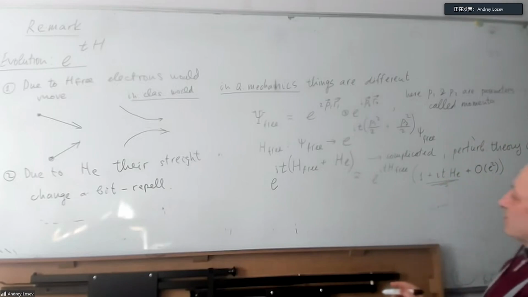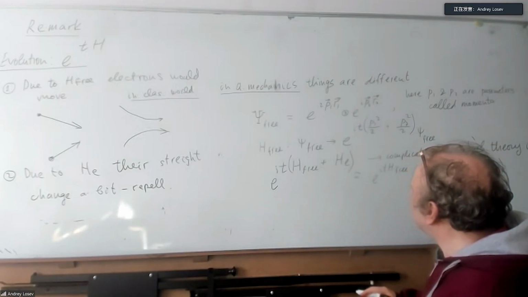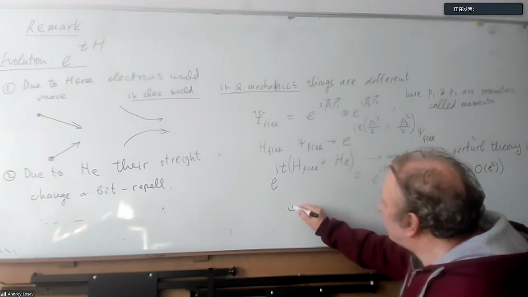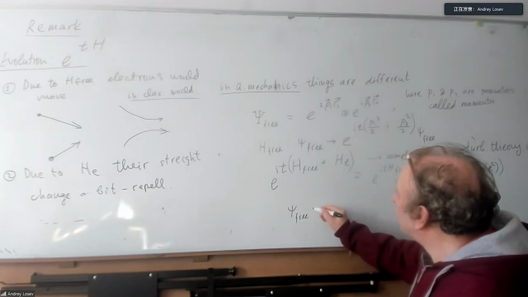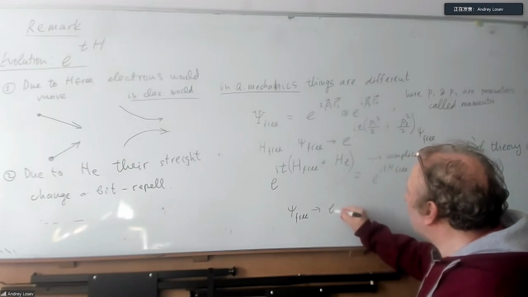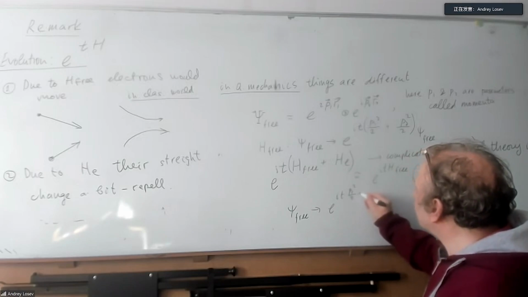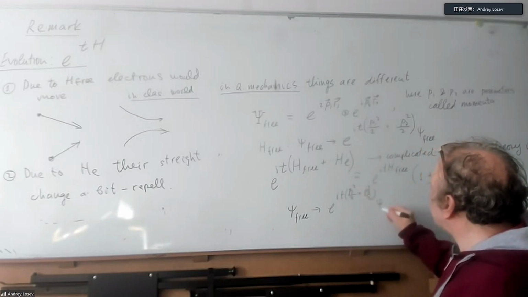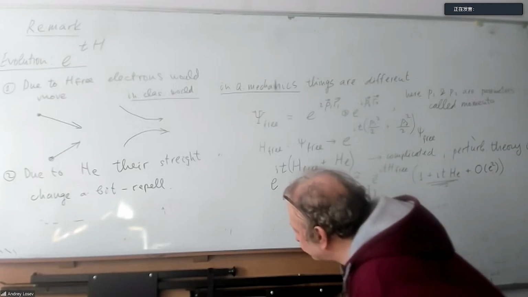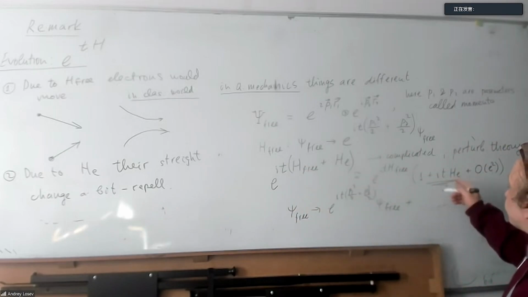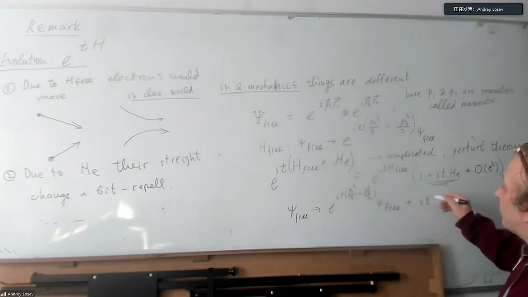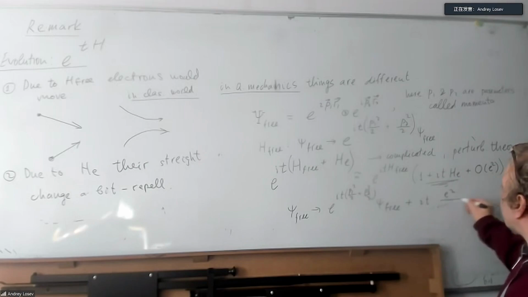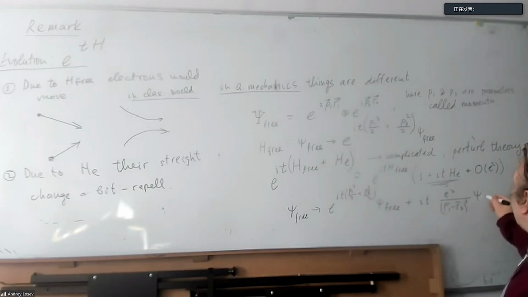So what does this thing do? This thing says that psi 3 is going to e to the it P1 squared over 2 plus P2 squared over 2 psi 3 plus it, and here I put this E squared over R1 minus R2 squared, psi 3, plus O of E squared.